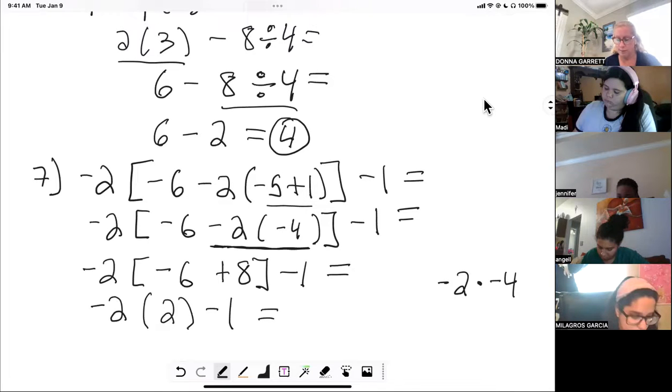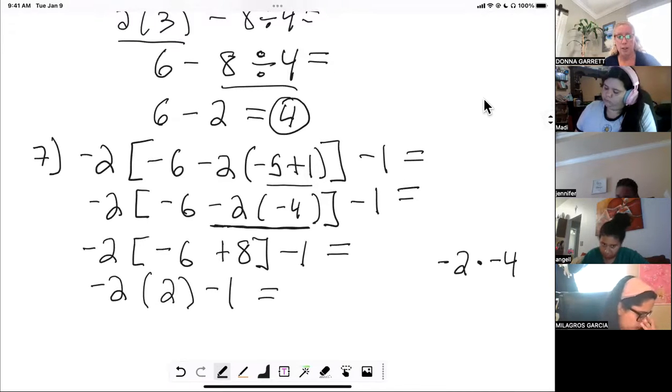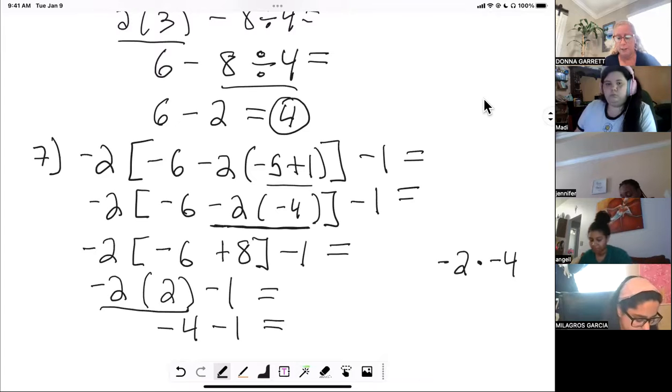I got 2 more steps. Now I have multiplying and subtracting. Multiplying comes first. -2 times 2 is -4 minus 1. Now they're both negative, so I'm going to add them and keep the sign. -4 minus 1 is -5.